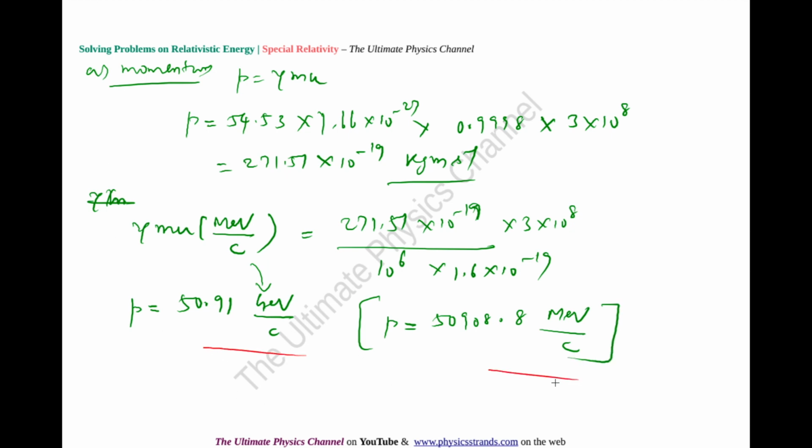These are the preferred energy units in special relativity for kinetic energy or total energy of the particles. From this, of course, one can easily work out the speed. Speed we have already worked out, that is 0.9998 c. So that is essentially what is asked in the question.